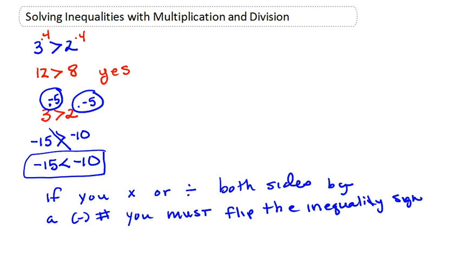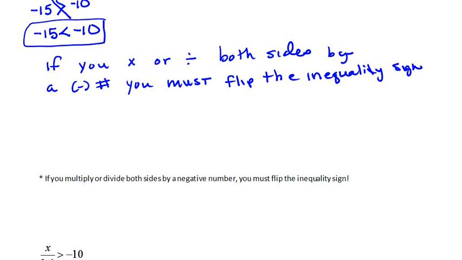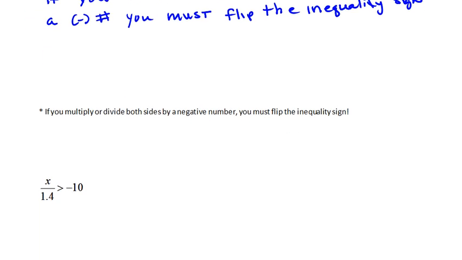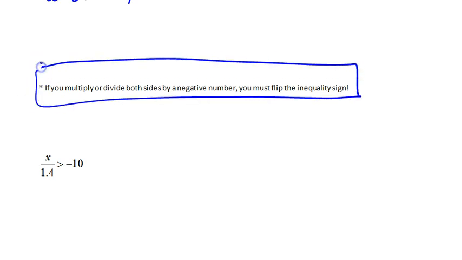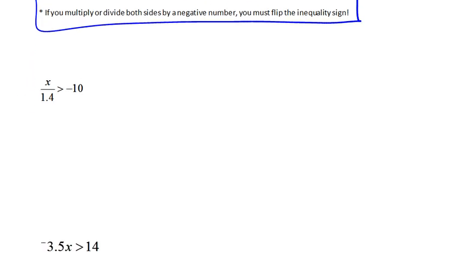Okay, this is only true of multiplication and division, not addition and subtraction. So here's our rule. And here's our first example.